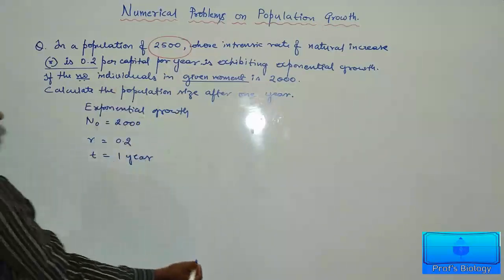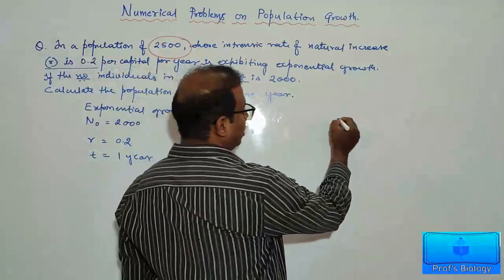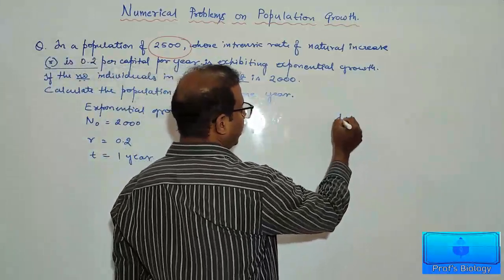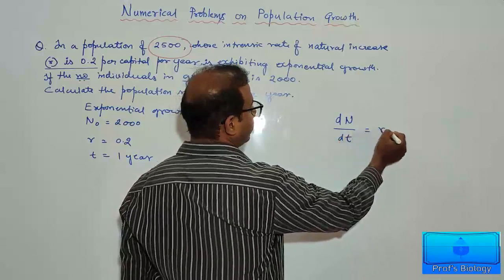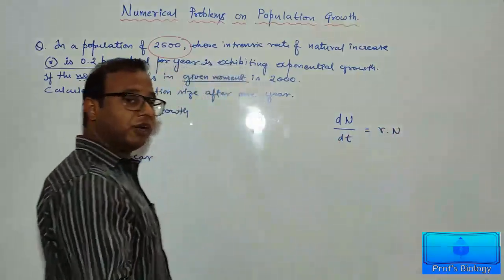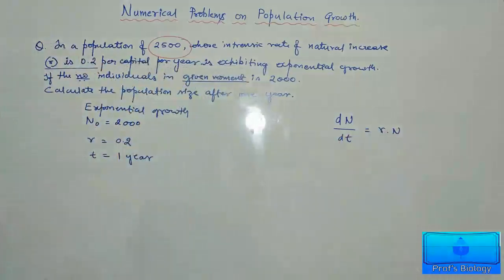Now my approach would be, I would take the formula dN by dt equals RN, and first find out what is the change in population after 1 year.